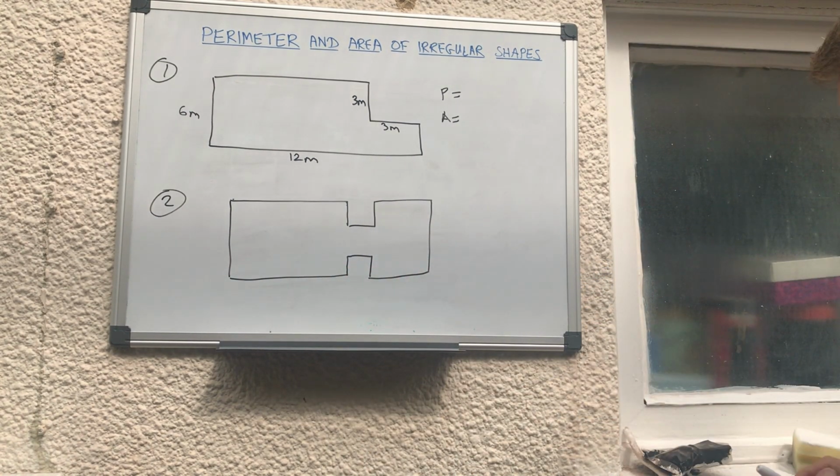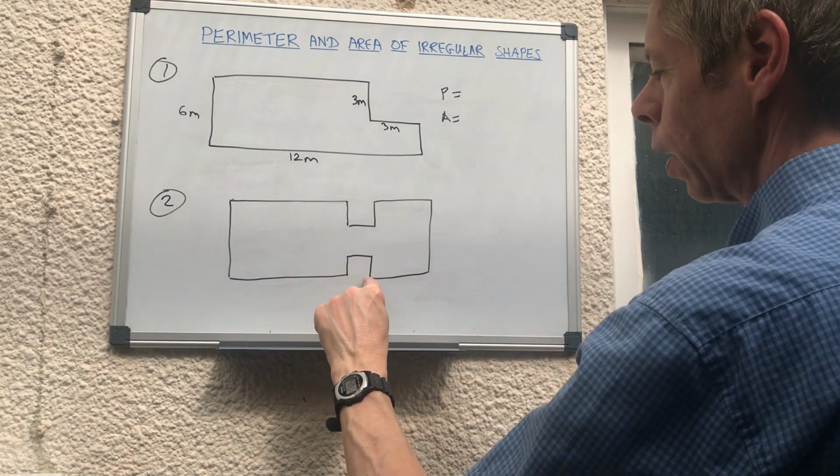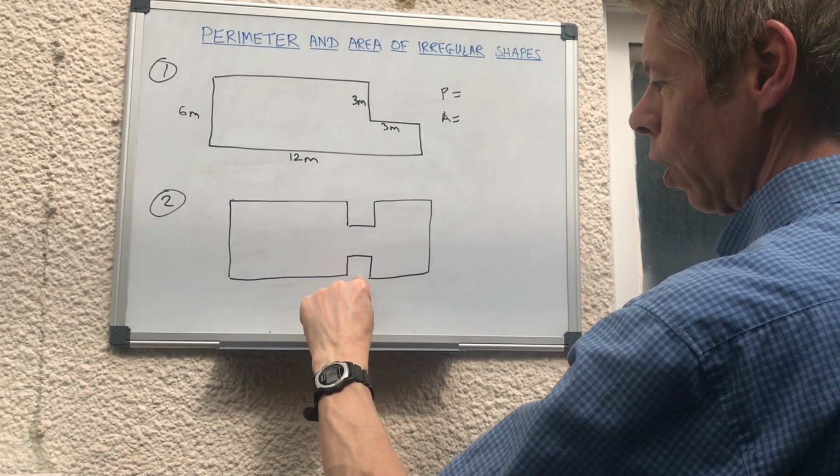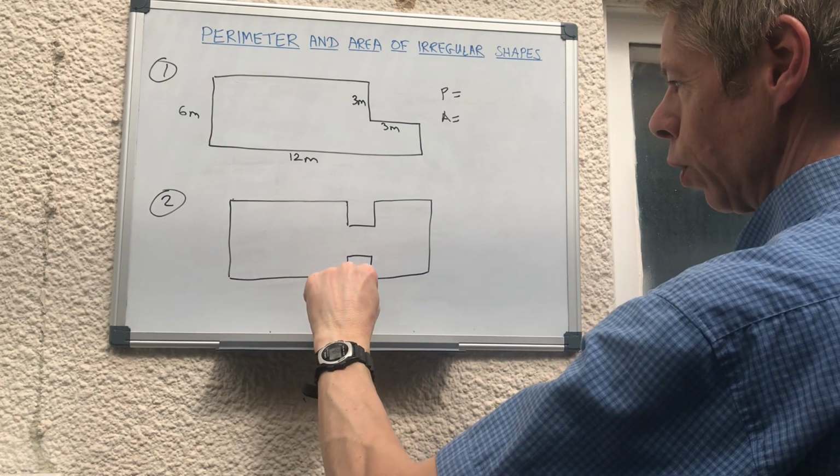Okay, so the important thing to realise on this shape is that those two lines should be on a level there.